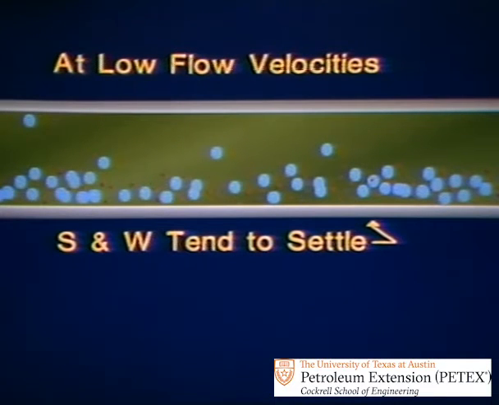Another problem in getting a representative sample has to do with the speed or velocity of the flowing liquid. For example, at low flow velocities in a horizontal line, denser components, and again let's say it's S&W, tend to settle.